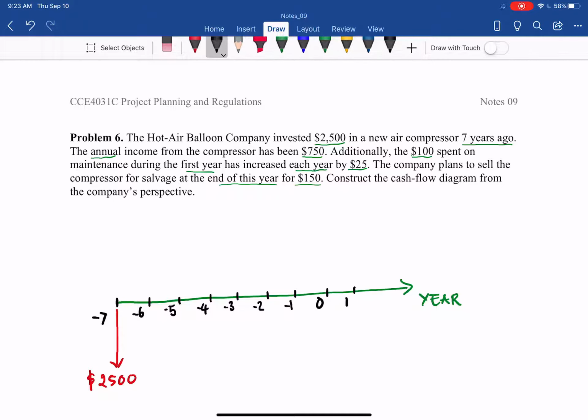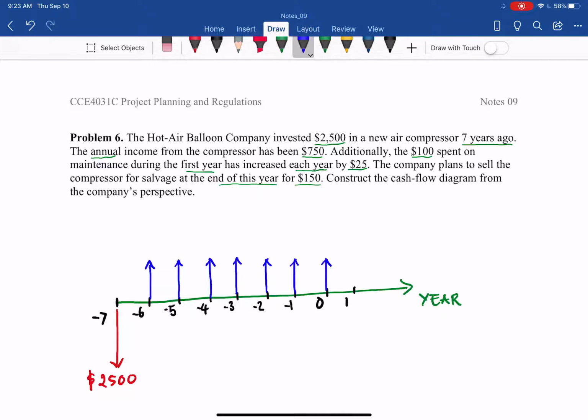Annual income, 750 per year. So income, inflow, positive, goes up, and the same amount every year. It's realized at the end, so as you can see, the income for 7 years ago is accumulated at the end of that year, or at the beginning of 6 years ago. Normally we put it at the end.